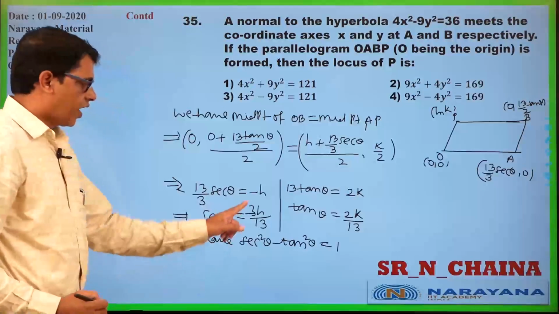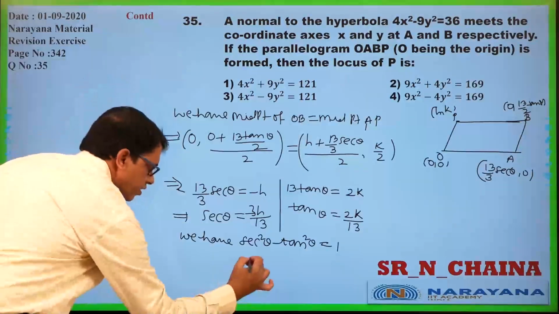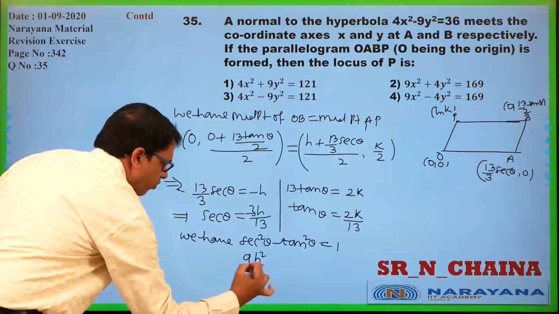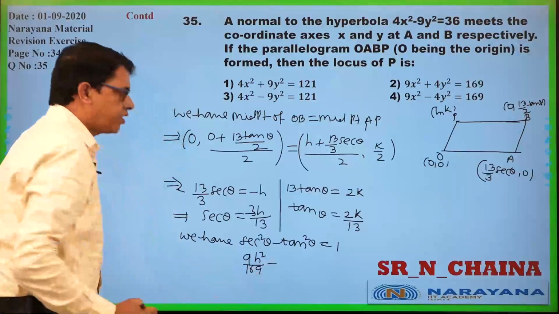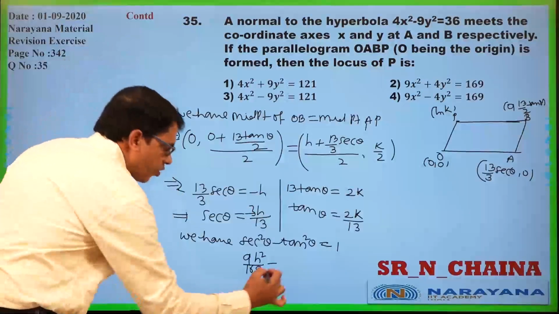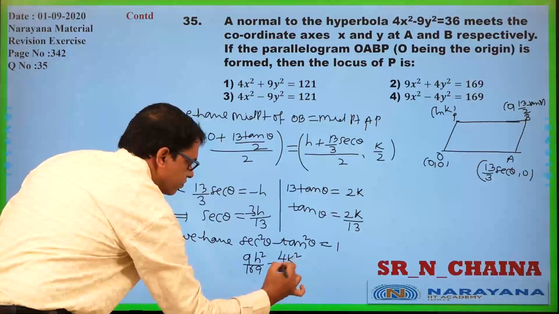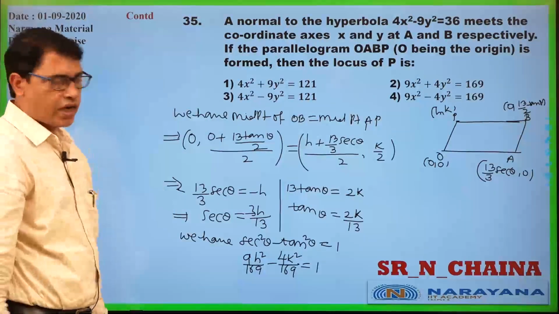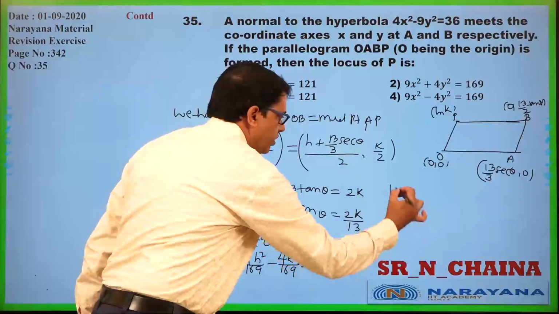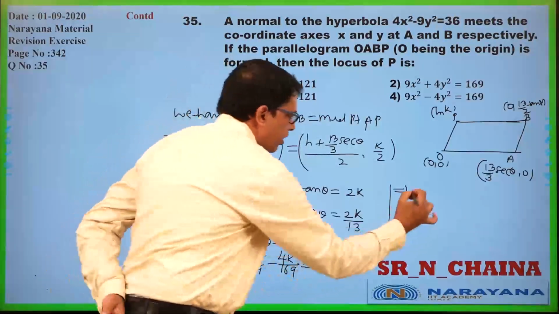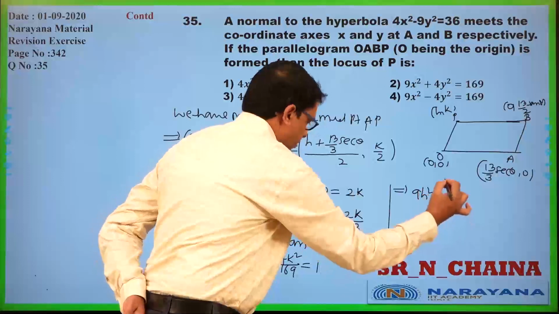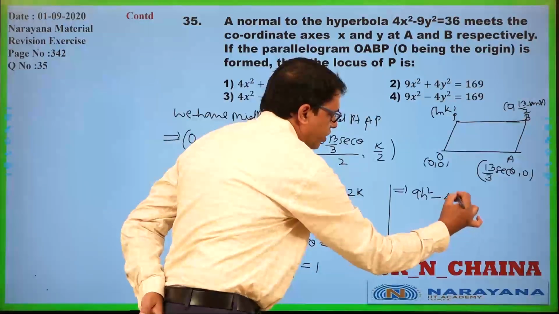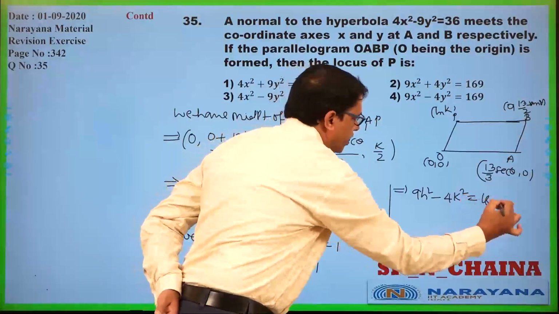Secant square: 9h square upon 169 minus 4k square upon 169 equals 1. So take 169 to the other side. That implies 9h square minus 4k square equals 169.